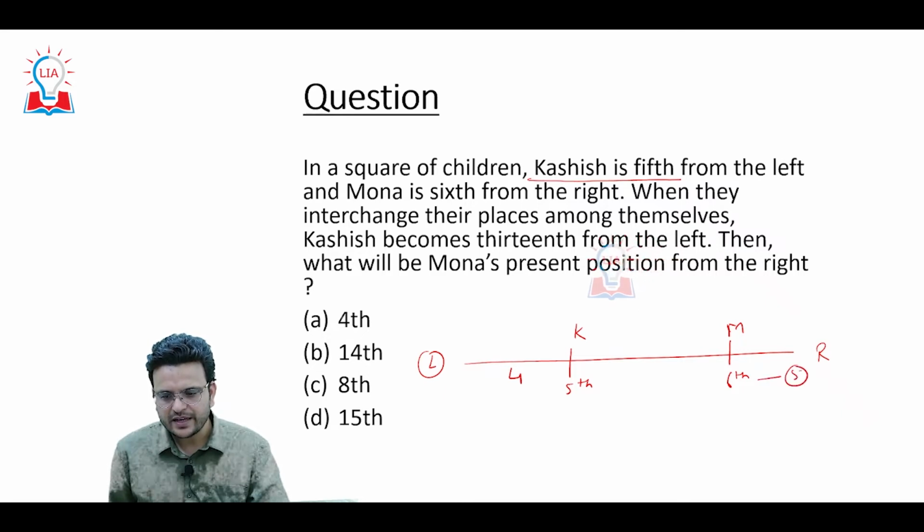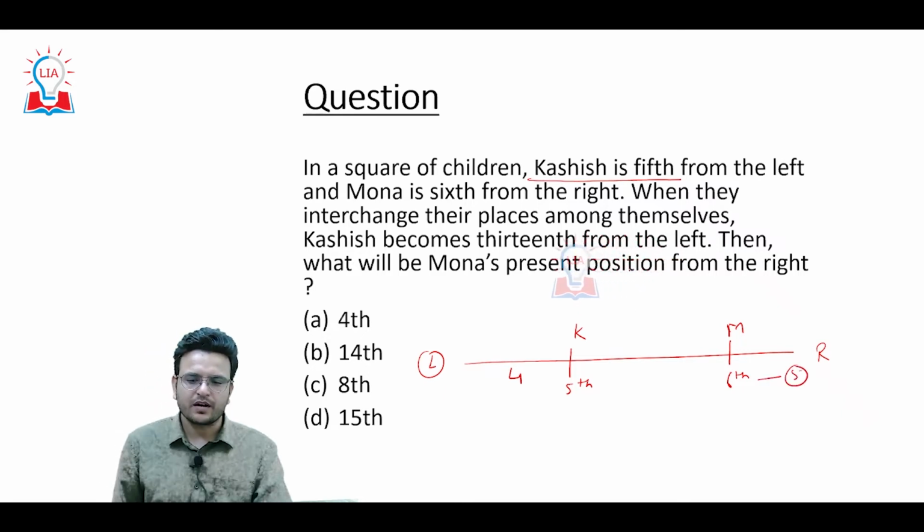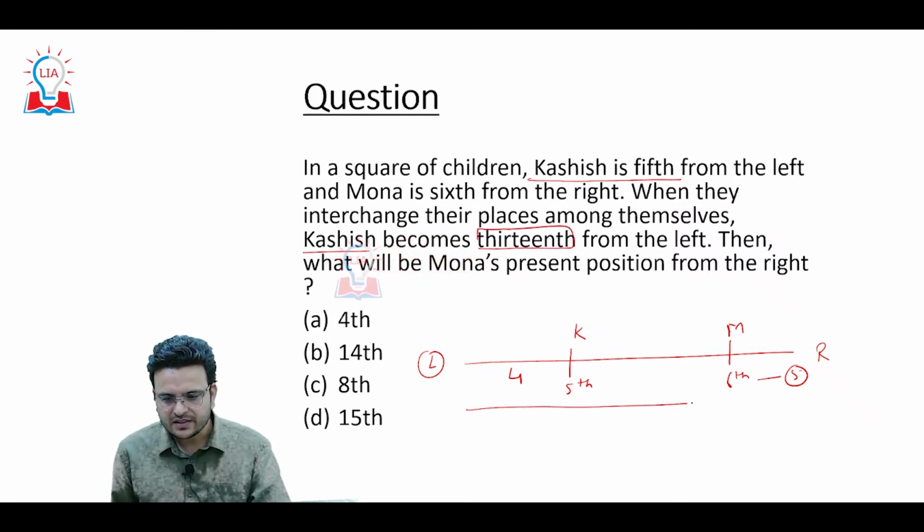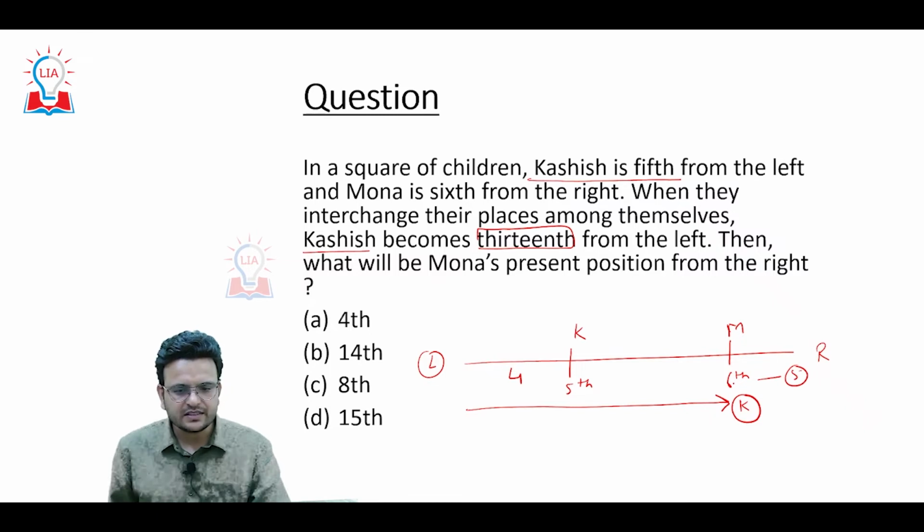So 5 students are to the right of Mona. When they interchange their places among themselves, Kashish becomes 13th from left. So Kashish came here.